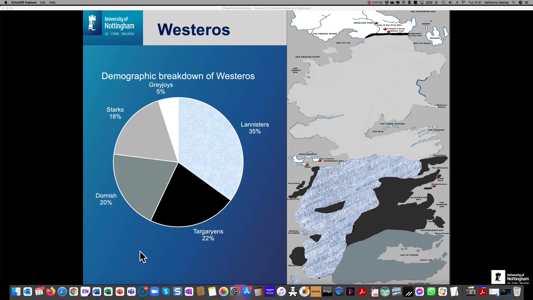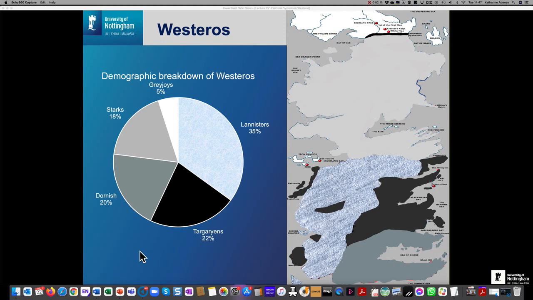Now, the demographic breakdown of Westeros should not be intended to reflect convergence with what's in the books. I've taken the liberty of changing quite a lot of things simply to illustrate the points I want to make.